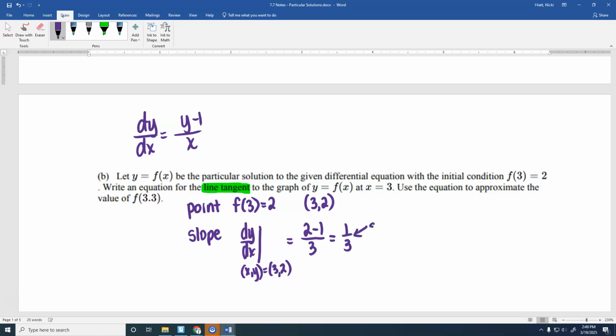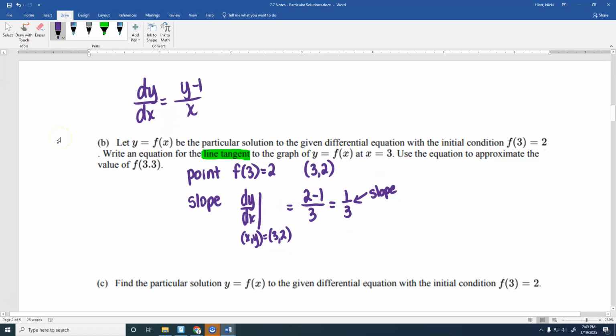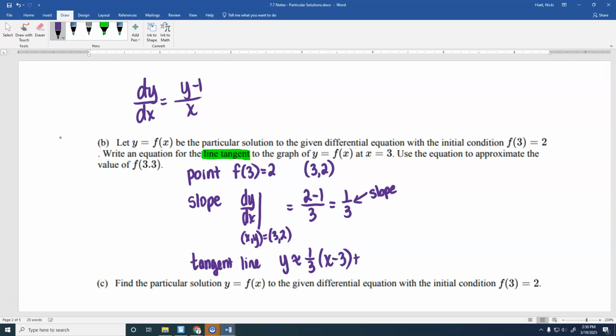That's our slope. So for our tangent line, we're just going to say y is 1/3 x minus 3 plus 2.